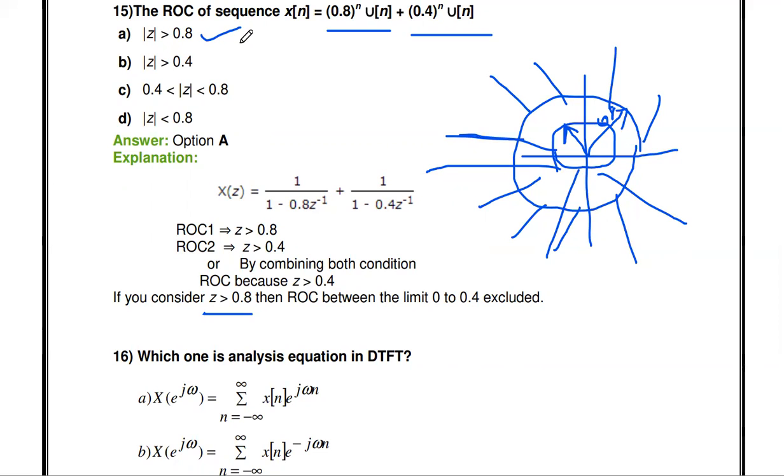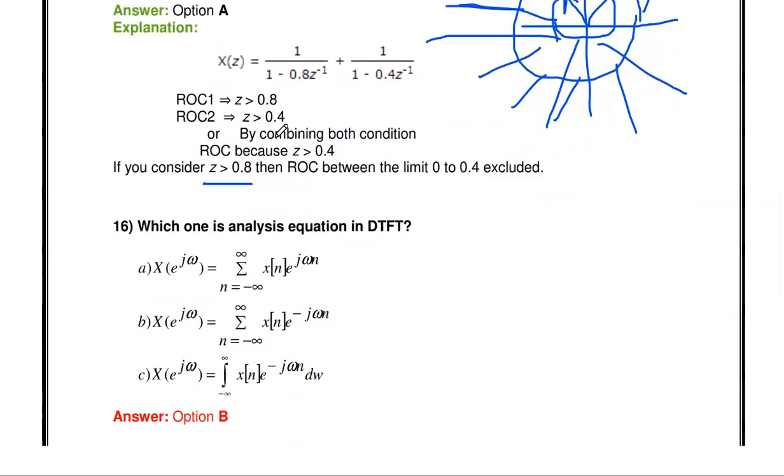If the sequence consists of two sequences, the ROC is the overlapping region of ROC1 and ROC2. Here they overlap when modulus of Z is greater than 0.8. So the first option is the answer.